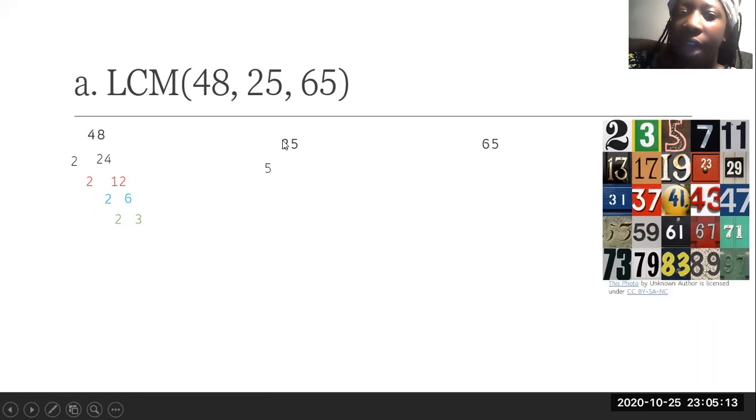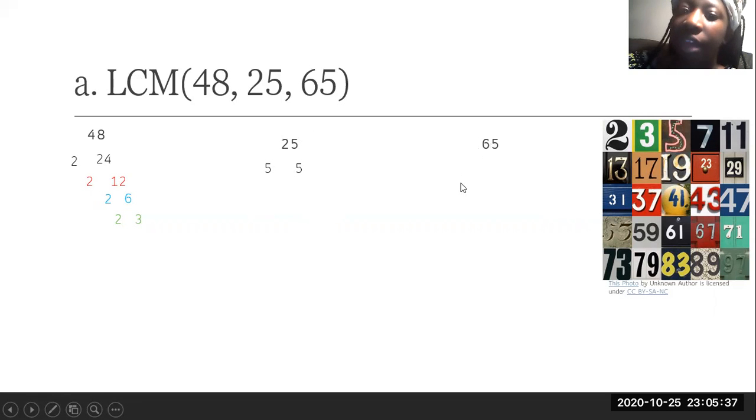Now we have 25. 2 and 3 will not go into 25, but 5 will go into 25. And 5 will go into 25 5 times. These are both prime numbers, and we cannot divide any more. So this will be our answer right here.